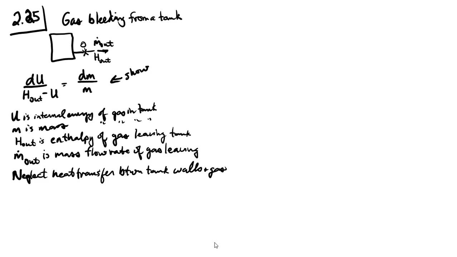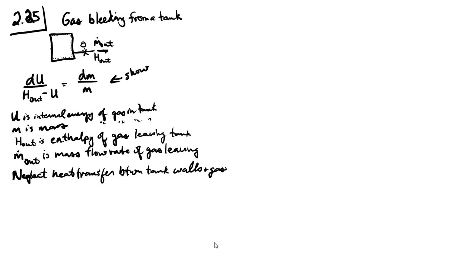So what that means is that our system, our control volume, does not include the tank walls. So I'm trying to draw that up here, little dots just inside the tank walls. So we don't have to worry about the temperature change of the tank walls. All we are thinking about is the temperature of the gas.